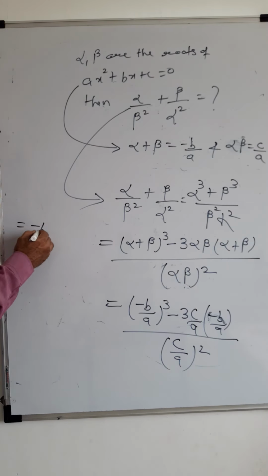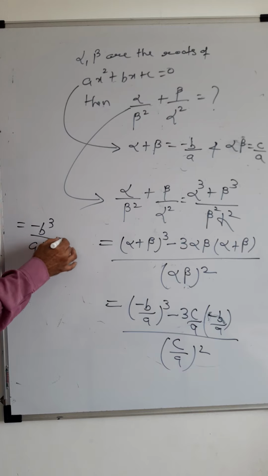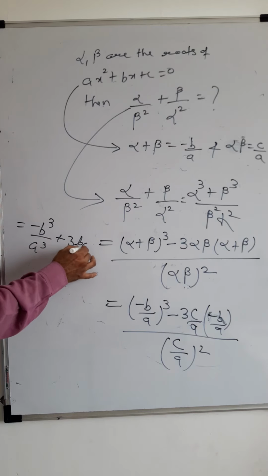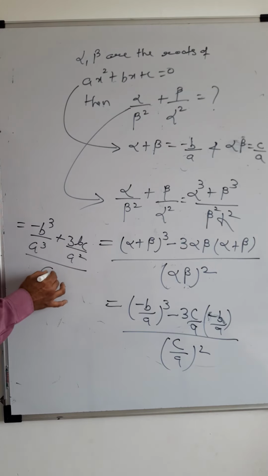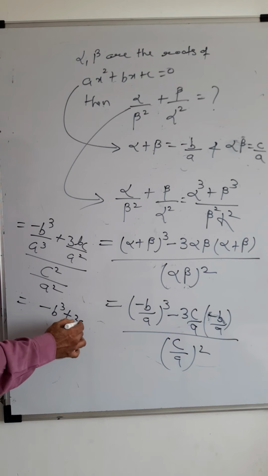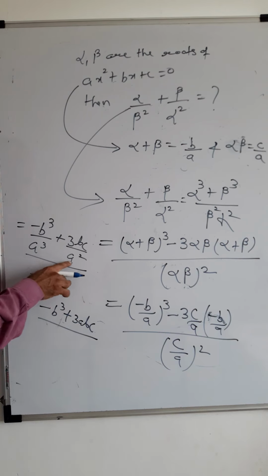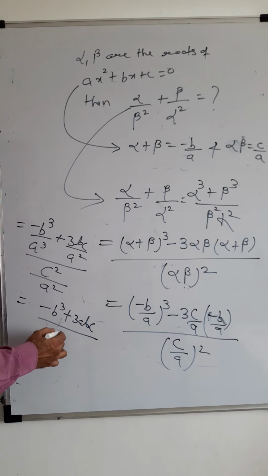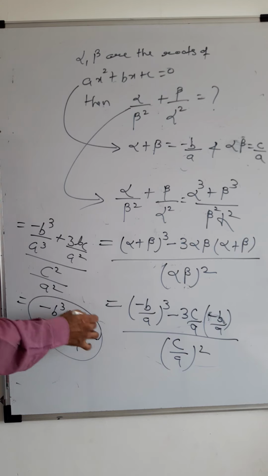It comes this way. Now take the LCM. So this is minus b cube plus 3abc upon a cube, and c square. So c square will be here and a square will go to the top. a cube c square, a will be left.